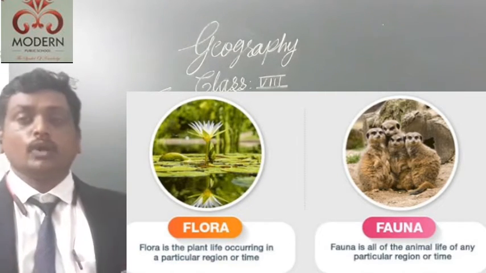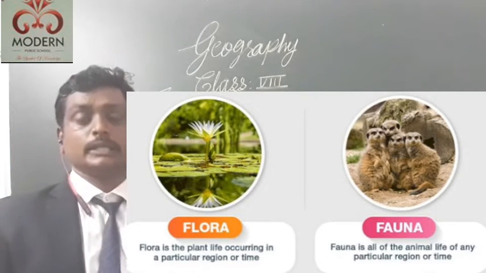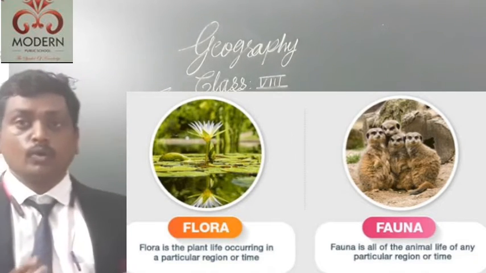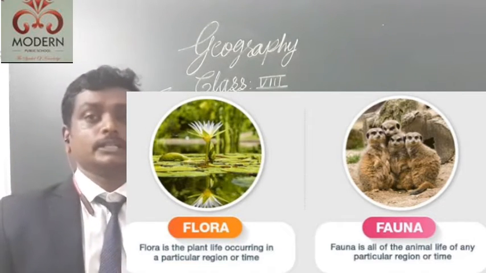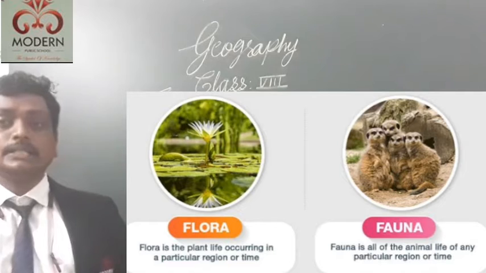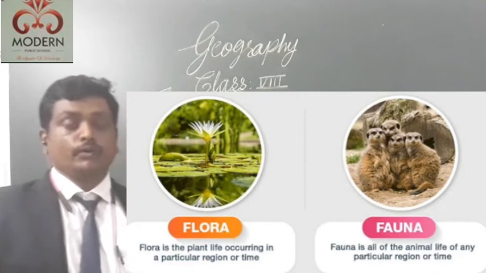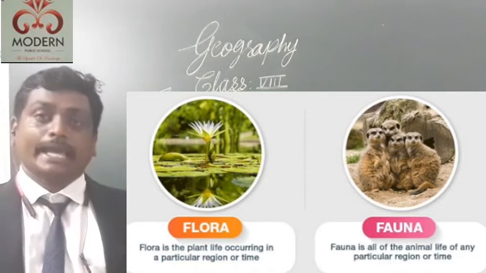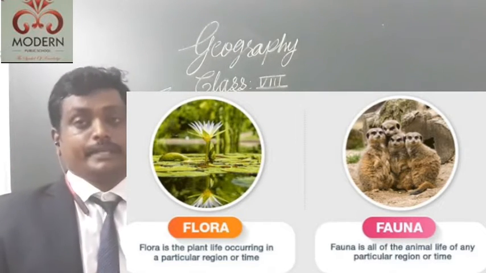If we go to the north part of India, the south part, or the coastal regions, different kinds of plants occur. Those plants in a particular area are known as flora. Fauna means what, dear students? Fauna means animals. Different kinds of animals are found in different areas.